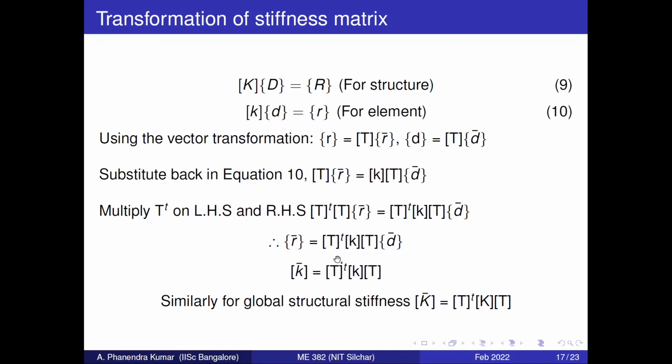We derived this for an element, but for the whole structure it will be the same. The structural stiffness matrix, capital K bar, will be equal to T transpose times the local stiffness matrix times T. This is how the transformation happens for matrices and vectors.